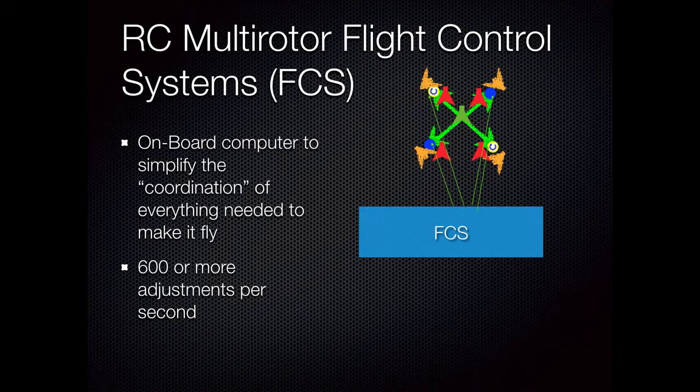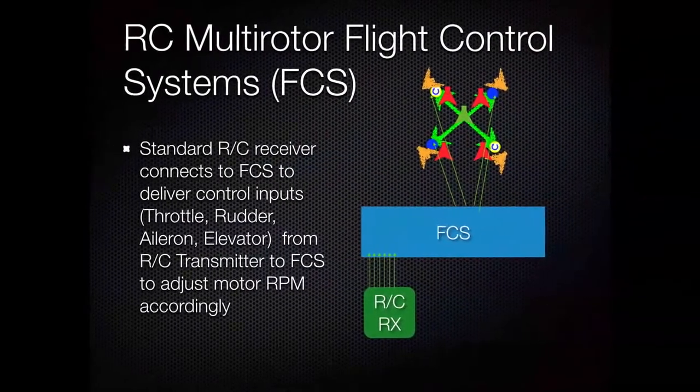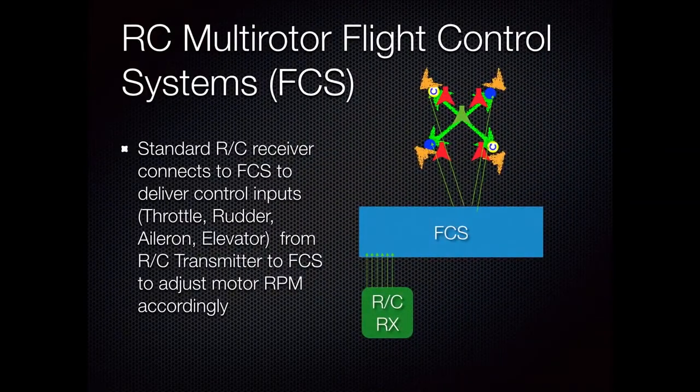So a lot of them out of the box come with some basic stabilization algorithms built into them with an accelerometer or things like that, so that they're pretty much stable to fly right out of the box. Now, these flight control systems also have the capability to add other sensors or other devices to them. The most common one that you see, and it is important, is the radio control receiver.